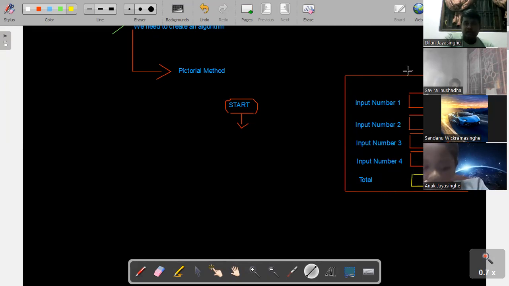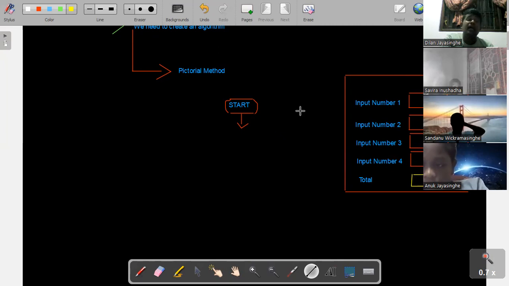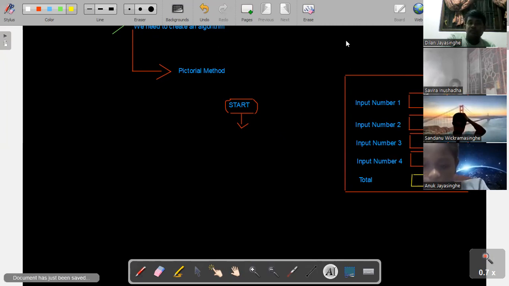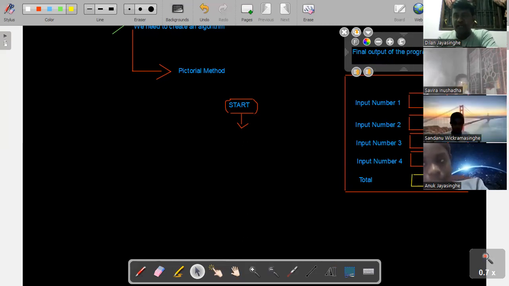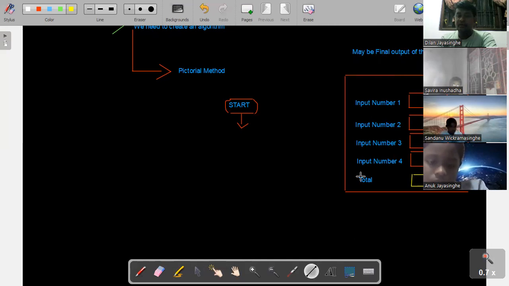Right. Then to develop this program, we need to create the algorithm. Maybe this is the final output of the program, right? I'm explaining this so that you understand well.